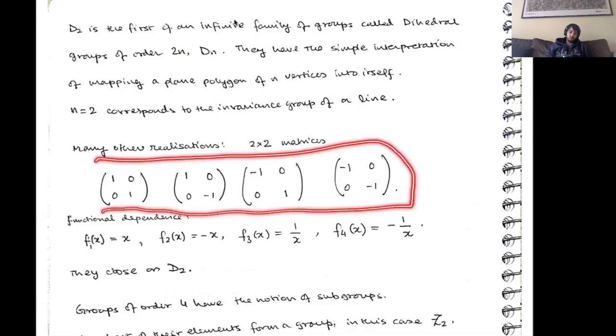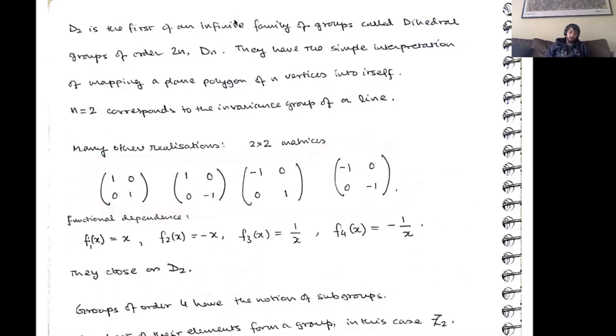You could try and see these guys. These are 2 x 2 matrices, and you can call them A1, A2, A3, A4, and see how they close. A1 is obviously equal to E. This is E, this is A1, this is A2, and A3. Do the multiplication and see what you get.